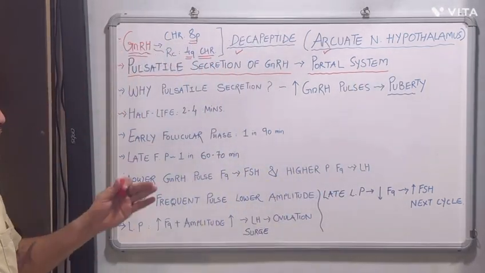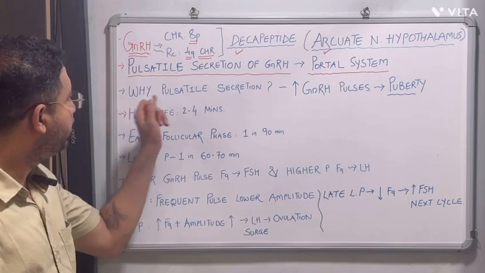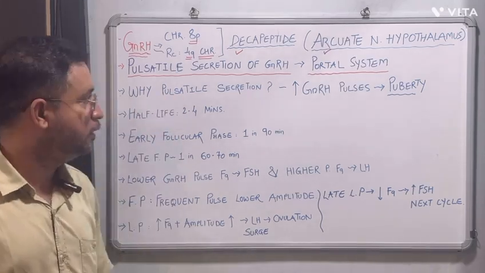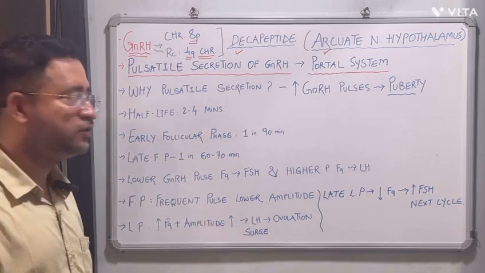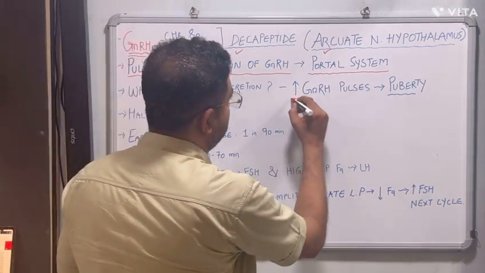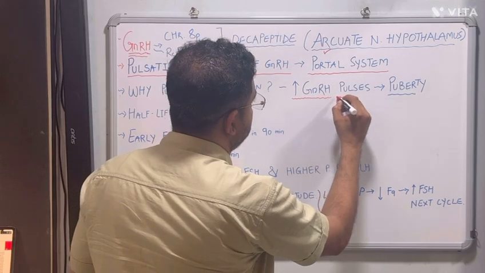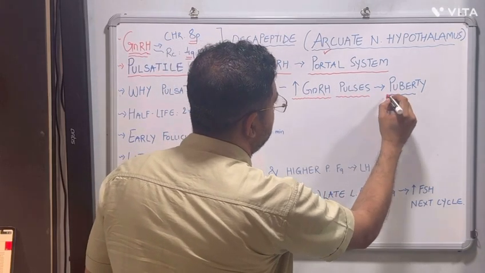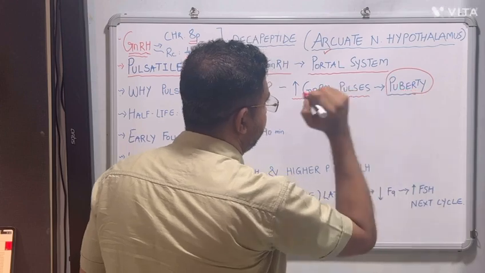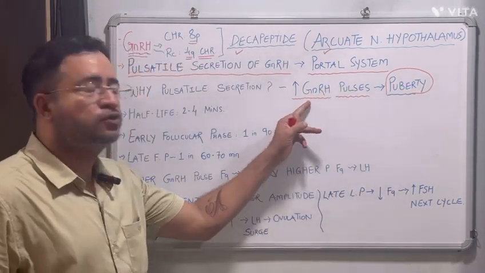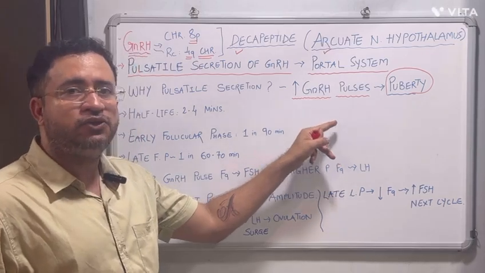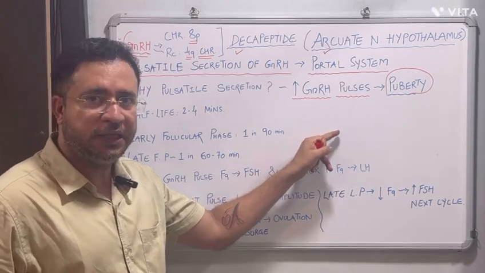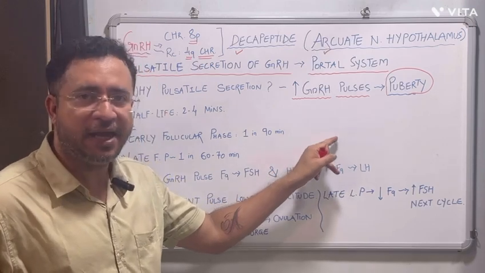Now, understand this very carefully. Why do we need pulsatile secretion? Because whenever there is a pulsatile release of GnRH, it is responsible for puberty. This pulsatile release of GnRH is responsible for the pituitary gonadotropins, that is FSH and LH, to release.